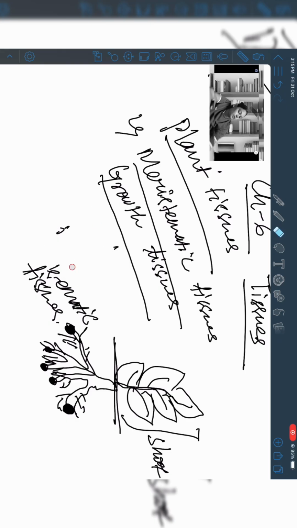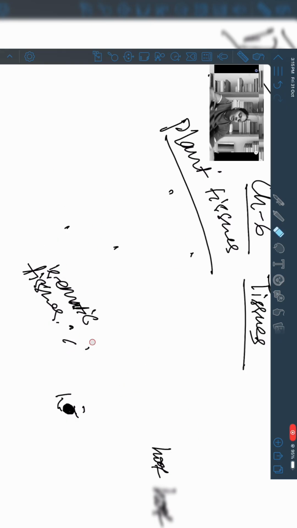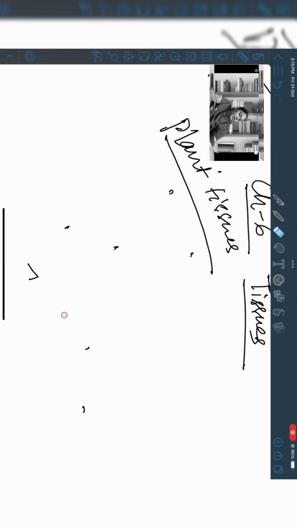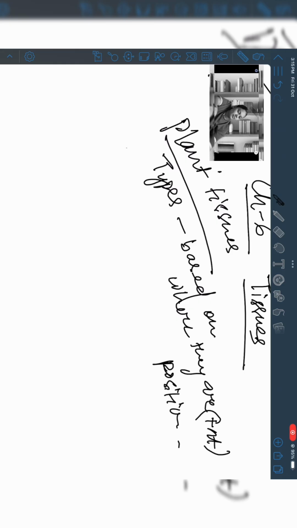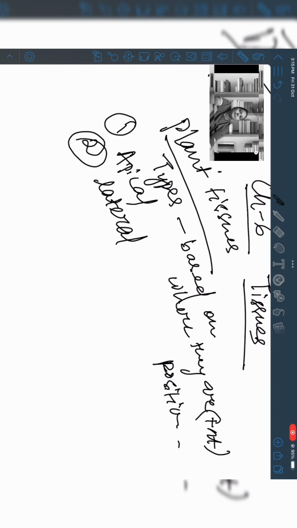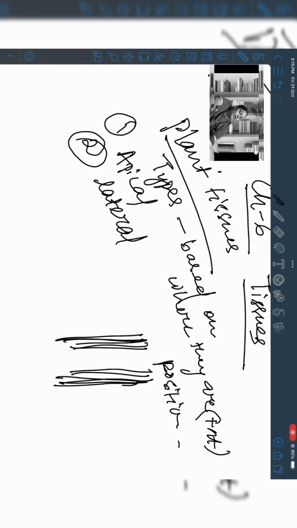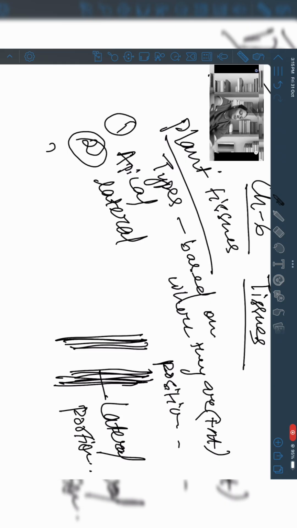Lateral position. And the third comes intercalary positions. That means in between these parts. This is called intercalary positions. So just to be clear, apical meristem at the tip of root and shoot. These the lateral regions, that is, increases the girth of the plants.